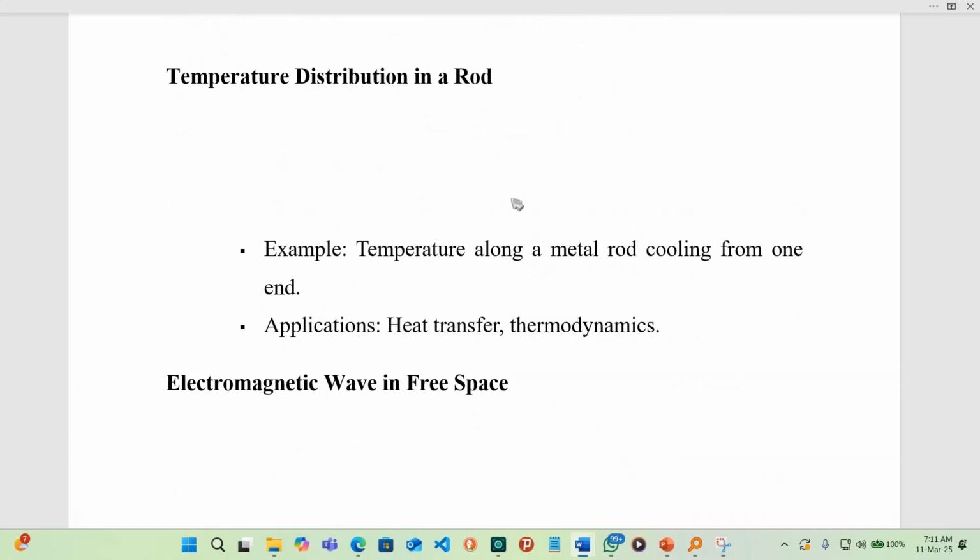Then we have also the temperature distribution in a rod. Temperature distribution in a rod is also a space-dependent signal. So you can have temperature T of X equivalent to, maybe, 100 exponential of negative X over 10.